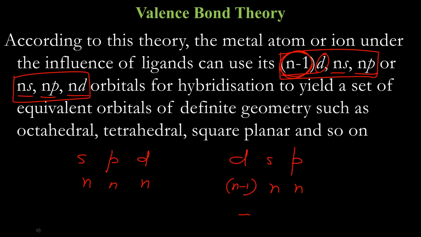If d is of the previous shell, this is known as inner complex, because d is of the previous shell. If you are asked why, the reason is very simple: d is of the previous shell.